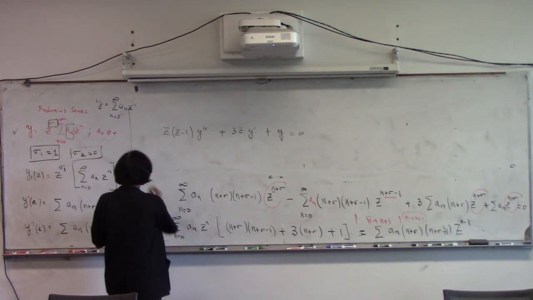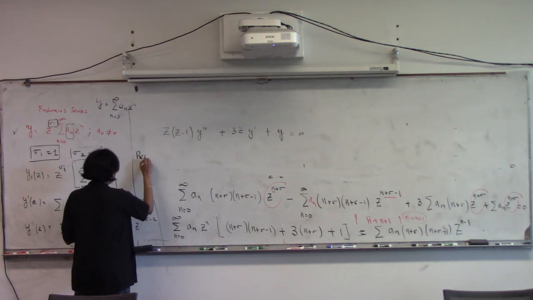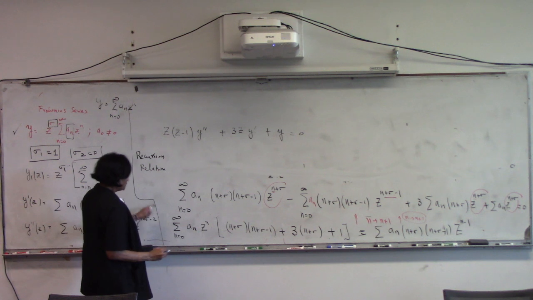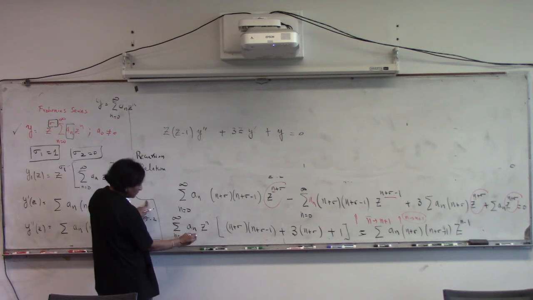All right, so this is going to lead me to the recursion relationship. Let me just write it down. So compare the coefficient of z to the power of n.